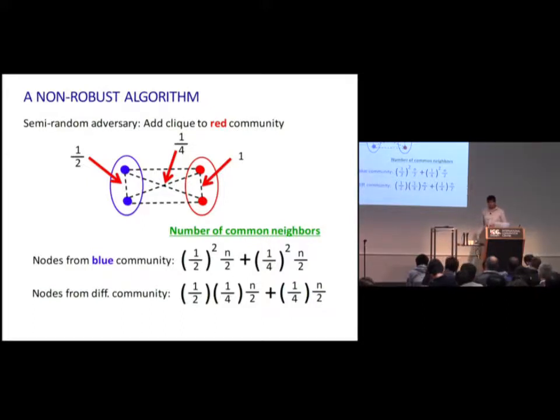Of course, you can see that this problem isn't actually hard. If I gave you an instance of this problem, where I bumped up the connection probabilities in the red community to 1, it's really easy to pick out where the red community is.